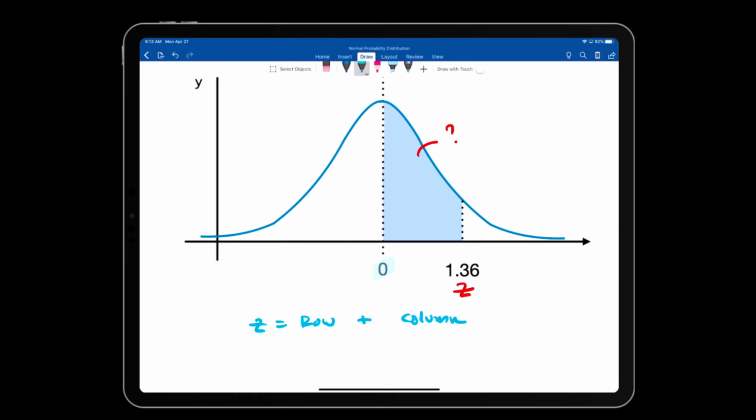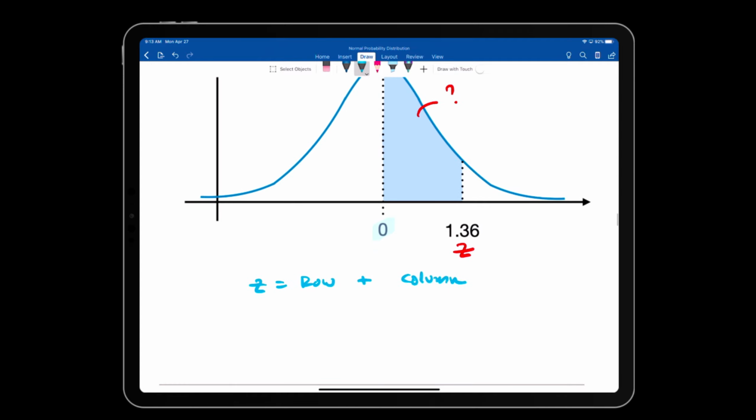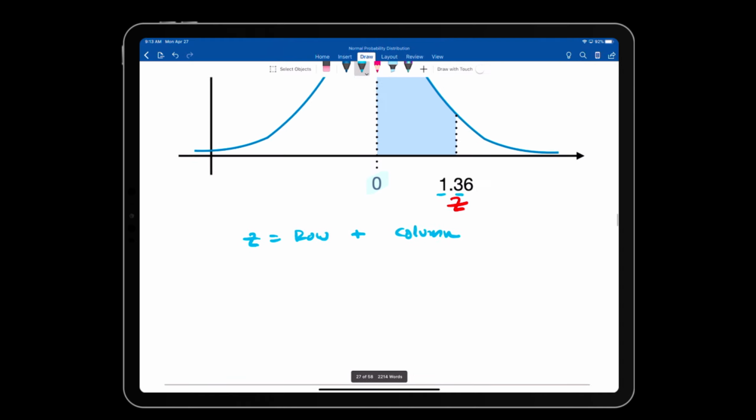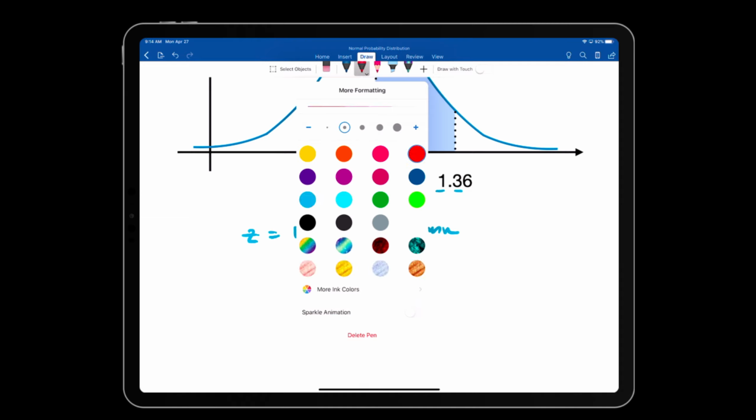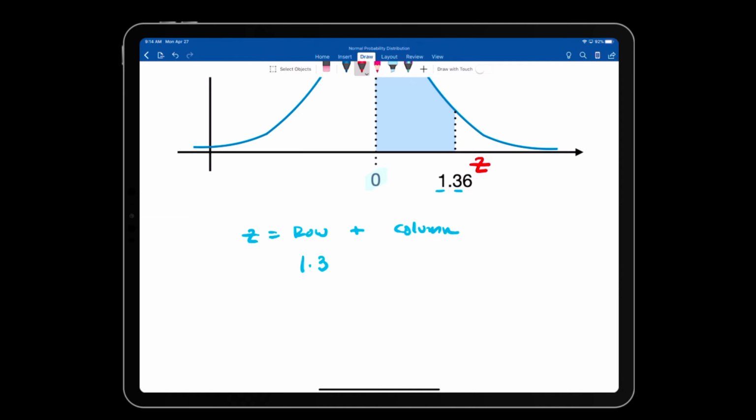The first two values around my decimal point, one digit to the left, one digit to the right, give the row here: 1.3. So let me erase this. Have you guys focus on that. This is that Z value.